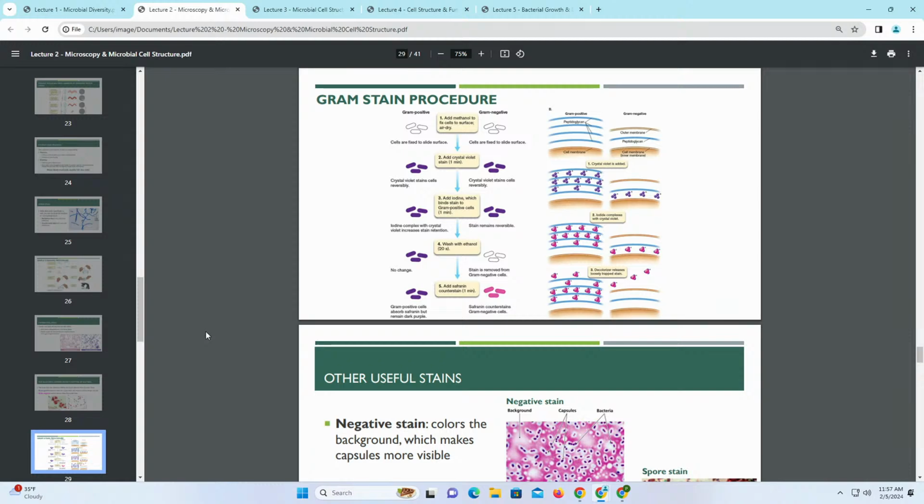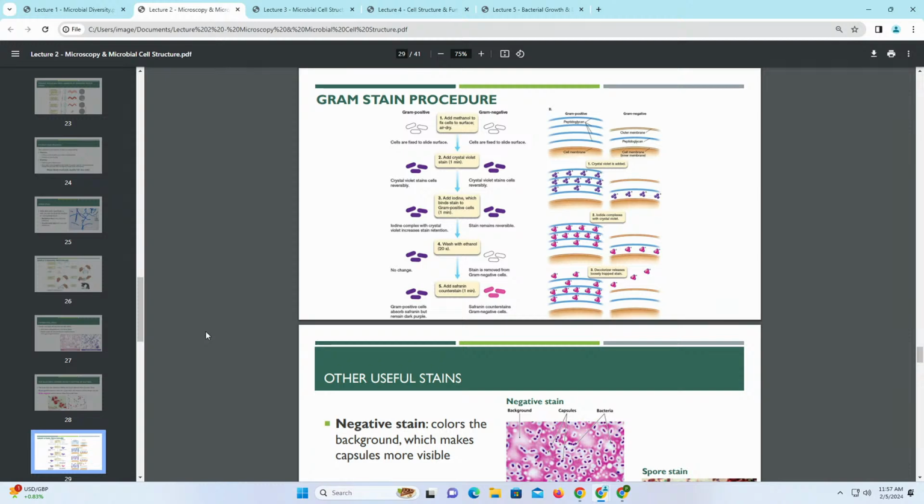Now we can use the decolorizer and wash with ethanol or isopropanol, some sort of alcohol, and that will attempt to wash out the crystal violet from the gram-positives, but now it's locked in because of the iodine, whereas in the gram-negatives, the stain is removed.